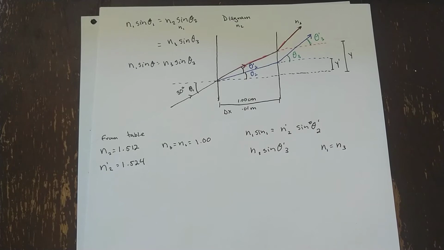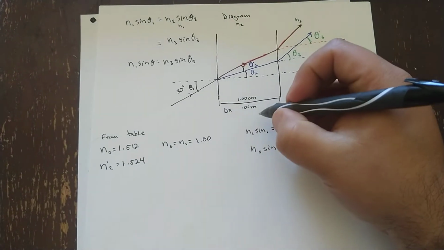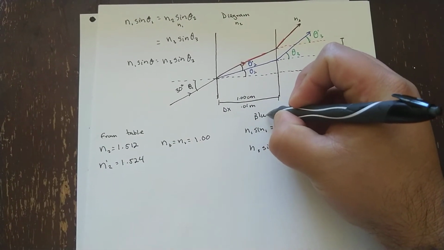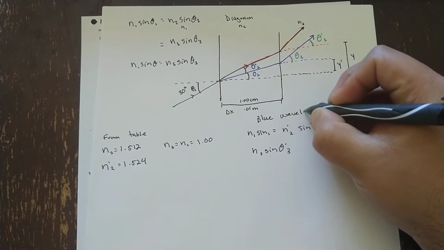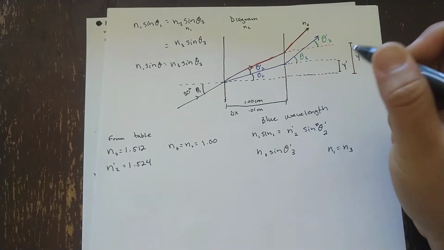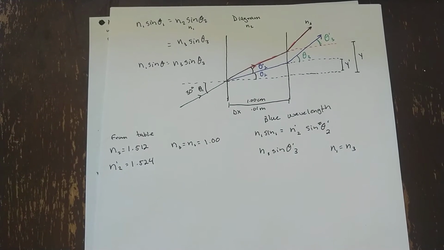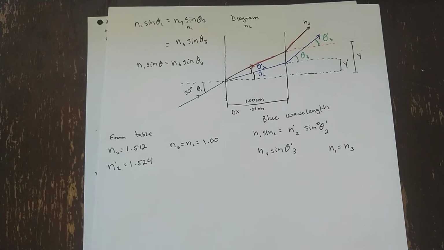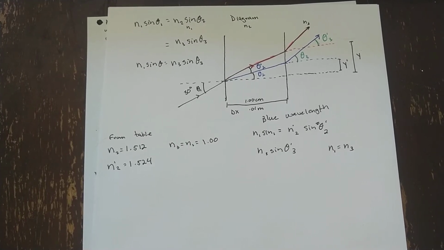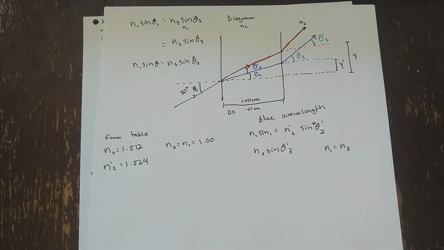This information is what we're going to use to solve for the blue wavelength. And if we're solving for the blue wavelength, we have to solve for the red too, but we're going to get to that in just a minute.